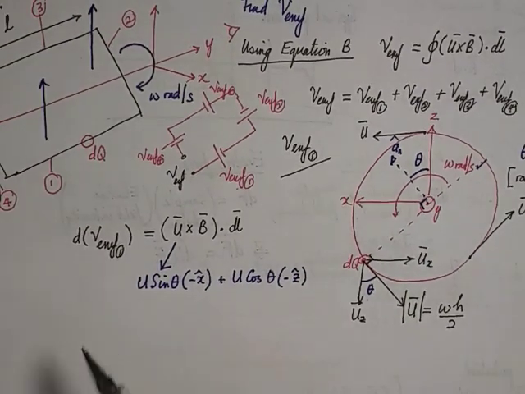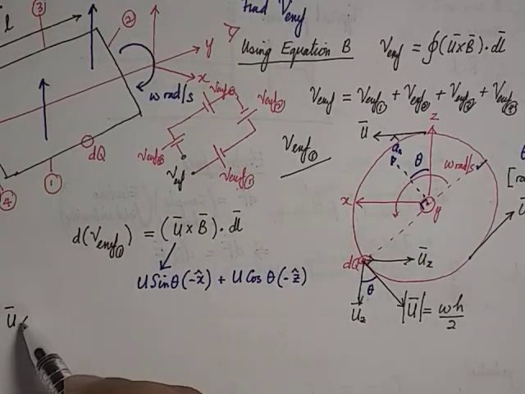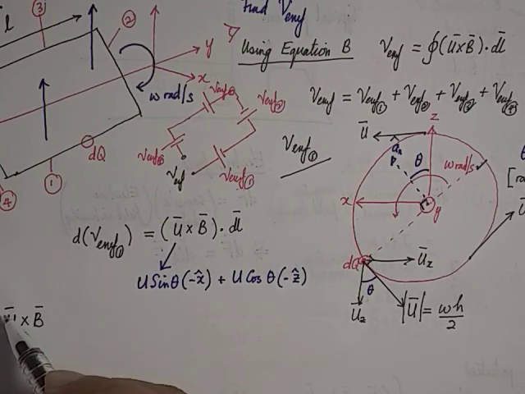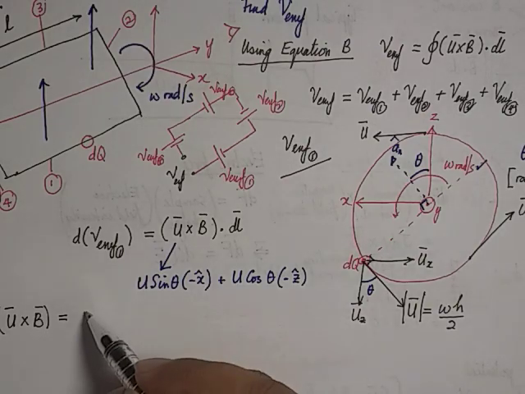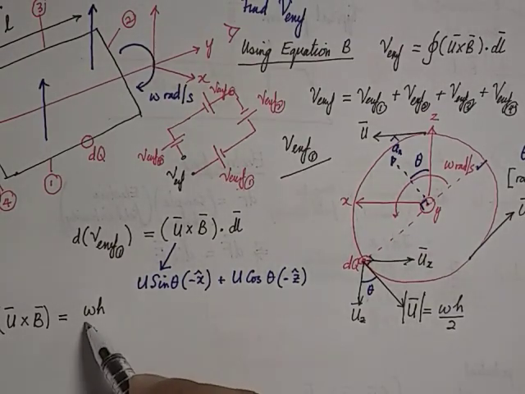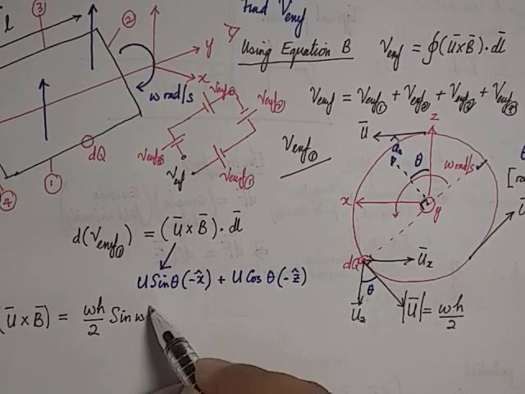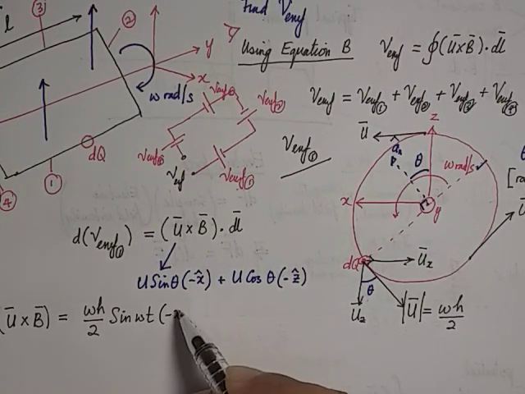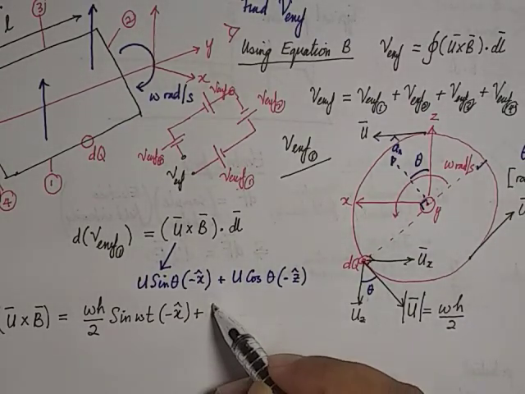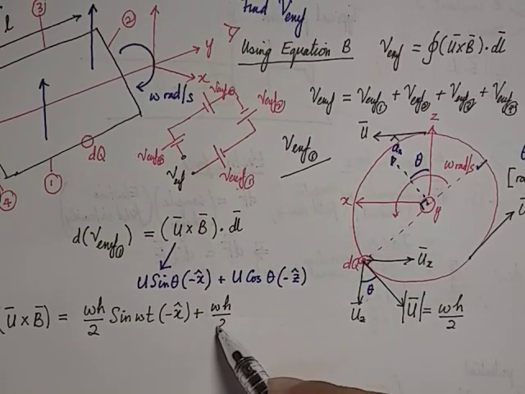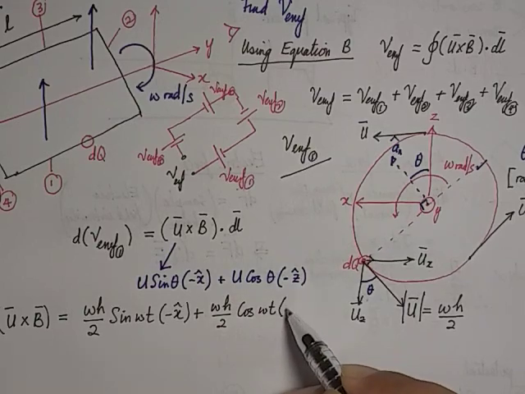I'm going to do the mathematics of u cross b only. U cross b now. So I'm just doing that part of the mathematics. U is going to be omega h over 2 sine omega t in the negative x direction, plus omega h over 2 cos omega t in the negative z direction.